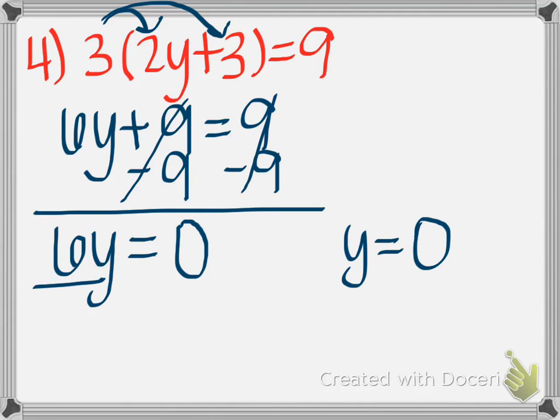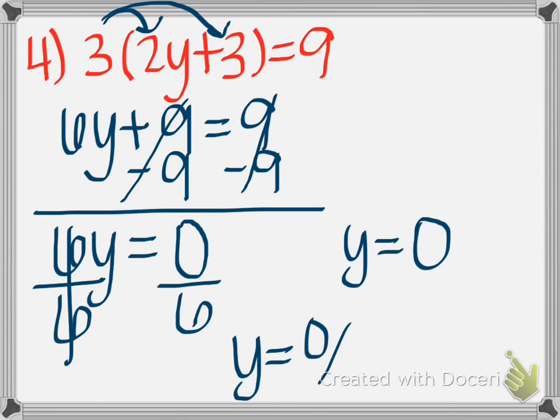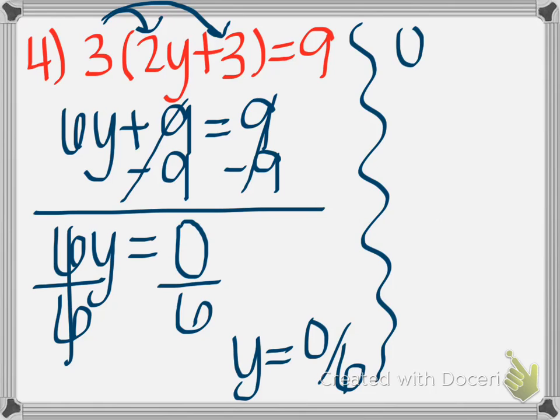I know a lot of y'all did divide by the 6, and you're left with y equals 0 over 6. And you're all confused about what to do with that. So, I just want to show you that when you have 0 over a certain number, it's always equal to 0. So, little mini lesson here. If I have 0 over some number, it doesn't matter what it is, 32, 6, 7, 8, it's always going to equal 0.